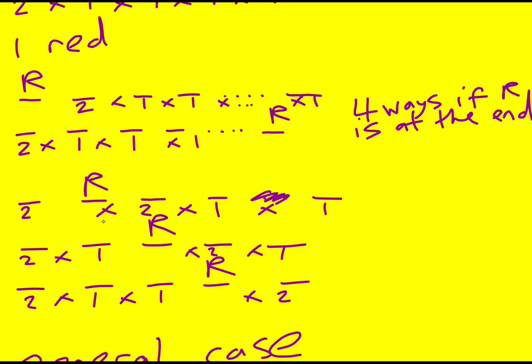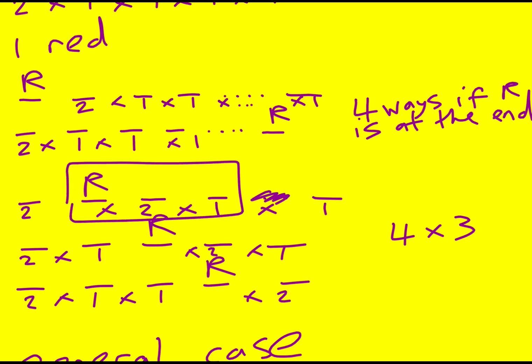So I'm going to get 4, I'm going to get 3 lots of 4. Or should I say 4 lots of 3? Because we get 4 for each one, and then there are 3 different places that I can put R. And that is going to help us out actually, because it's just the number of places that are not the end. This will allow me to generalize.